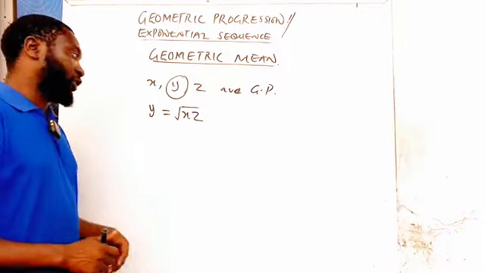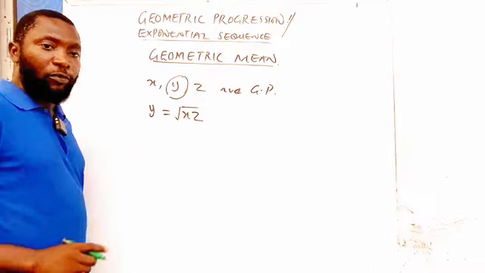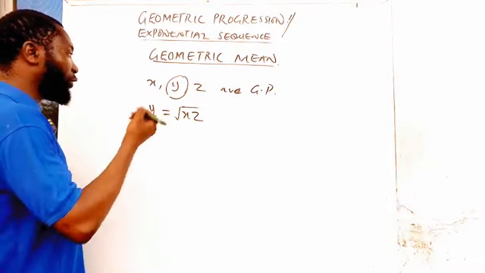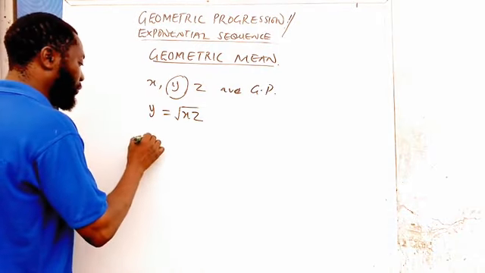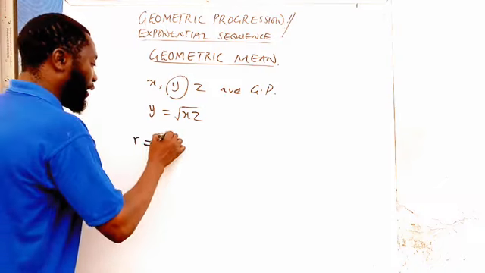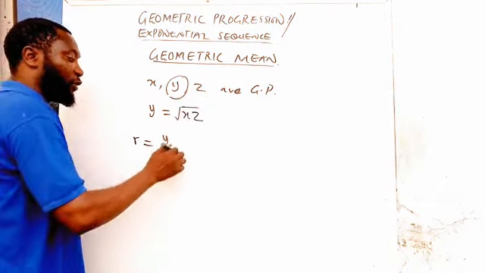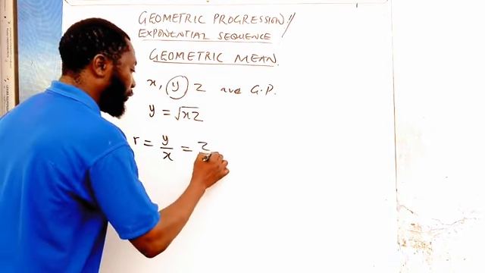Now, since x, y, z are GP, the common ratio r equals the second term divided by the first, that is y over x, or the third term divided by the second, that is z over y.